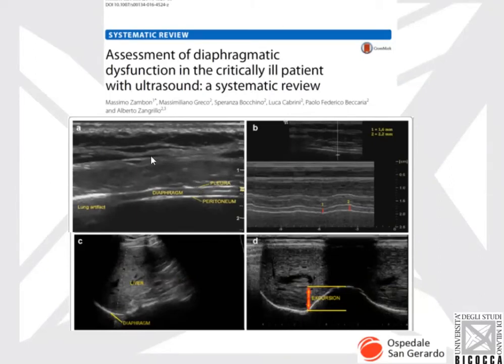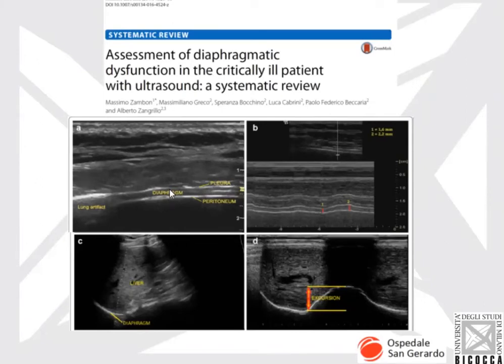This is also a nice paper I suggest you read, and basically we can measure 3 parameters by ultrasound on the diaphragm. The first one is diaphragmatic thickness, okay?